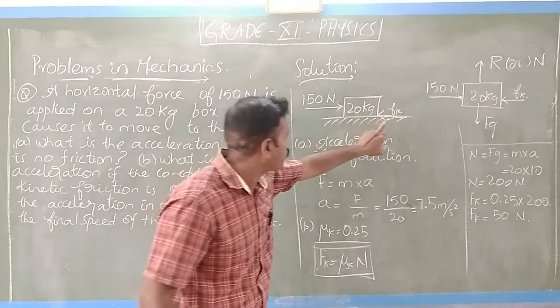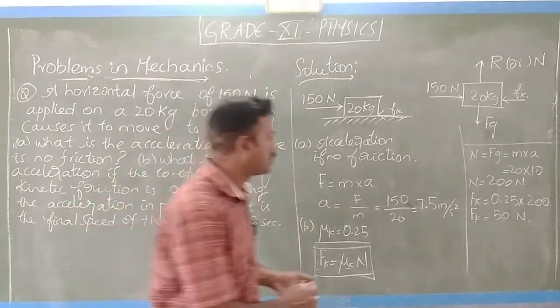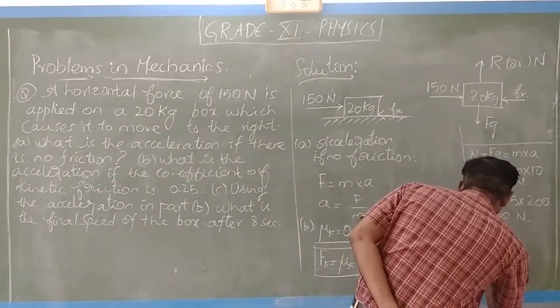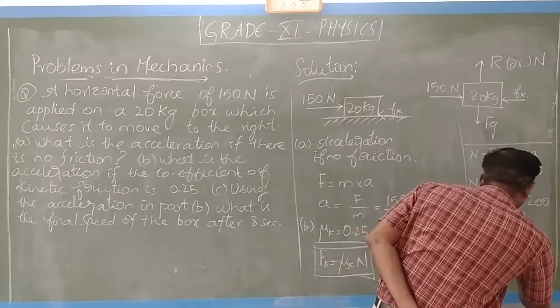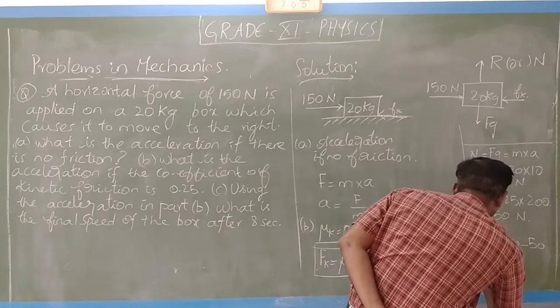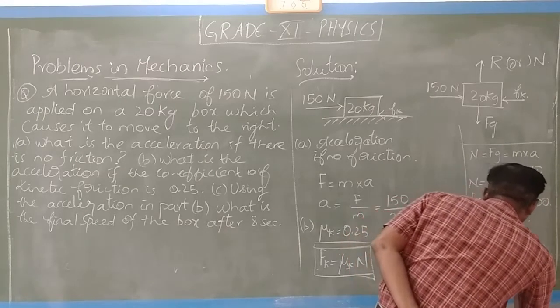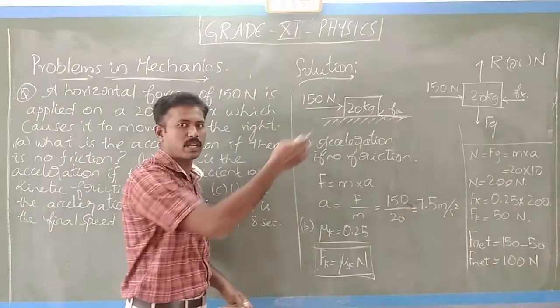I have now Fk, and the force applied is 150. The net force F net is 150 minus 50. That is 100, because it is moving right.